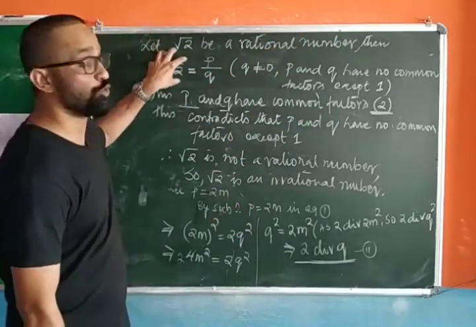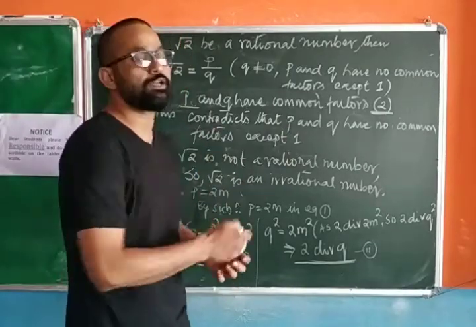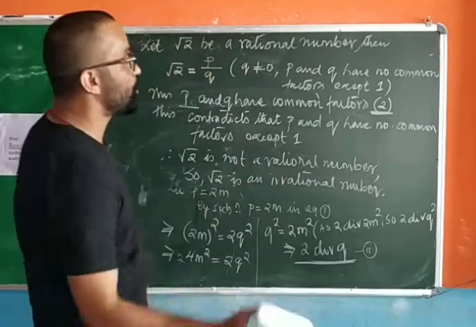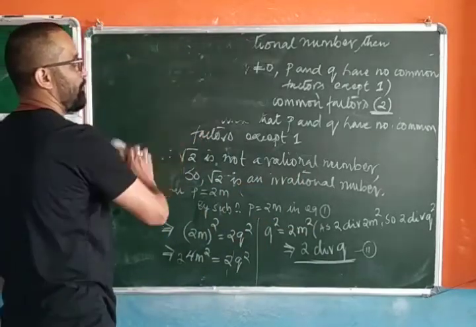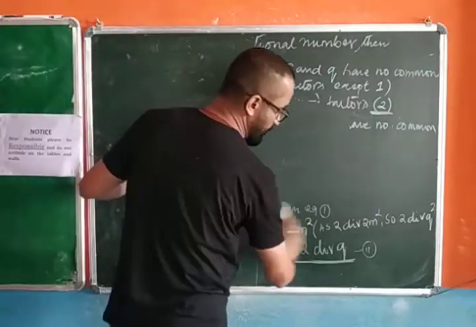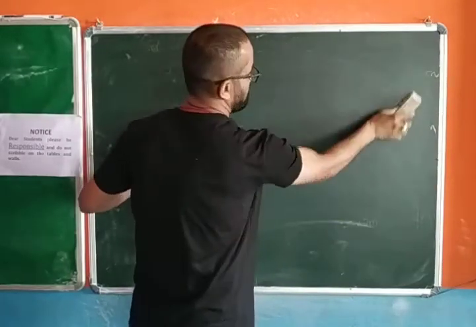So root 2 cannot be considered rational, so it is an irrational number. So this is the first proof. You can similarly prove root 3. Root 3, look at the proof.